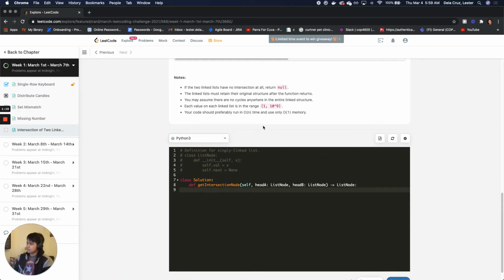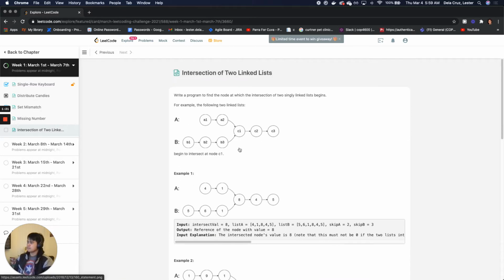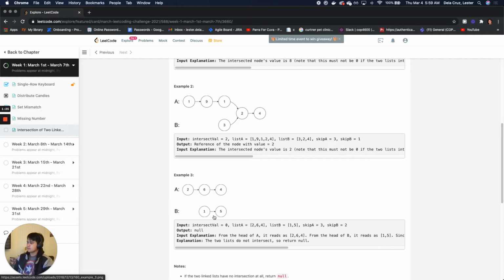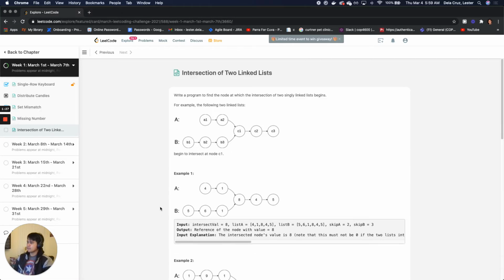But if we do it with no space, let's simplify it. Say they always have the same length. If they both start over here and you move them one at a time, then you will get the intersection at some point.